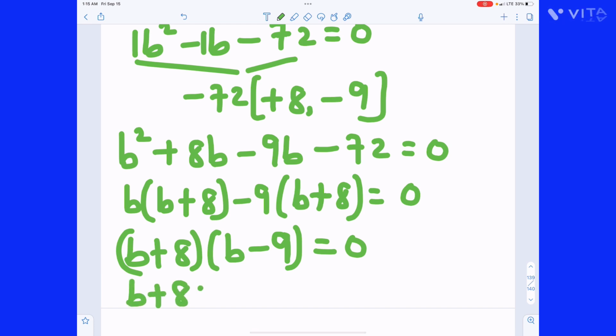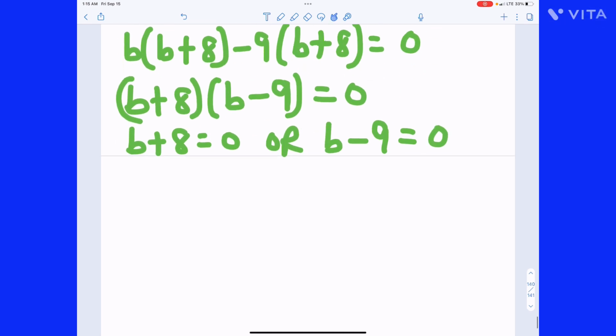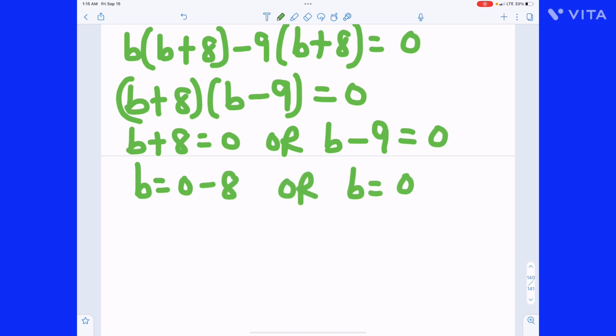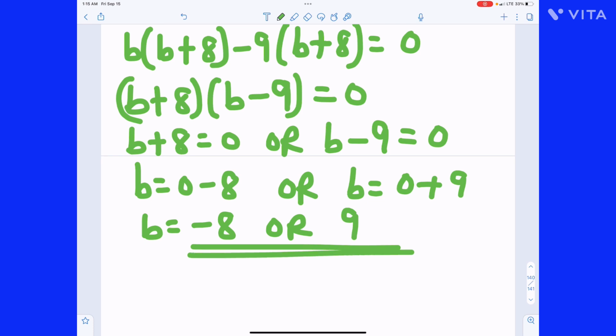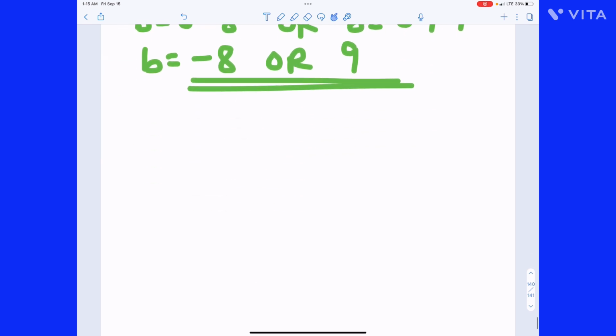So b plus 8 is 0, or b minus 9 is 0. That means b is 0 minus 8, or b is 0 plus 9. b is minus 8 or 9. That's your answer to number 28.